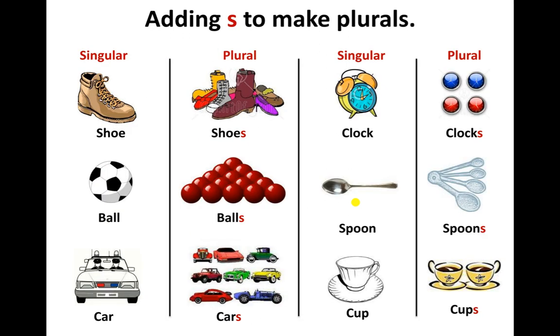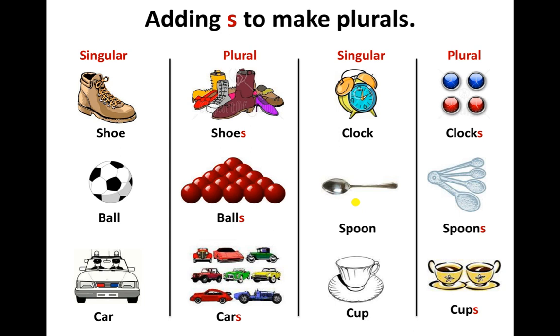Now we will revise the rules of pluralizing a singular noun. There are different rules following which we can pluralize a singular noun. This is one of those. We can pluralize a singular noun by adding s at the end of the word. Here are a few examples given, such as shoe.